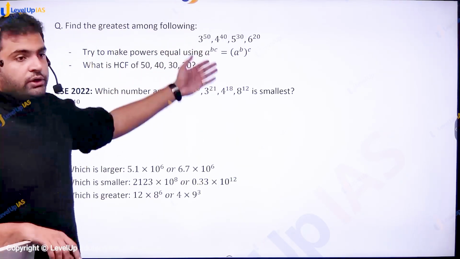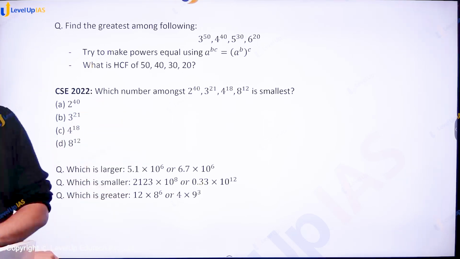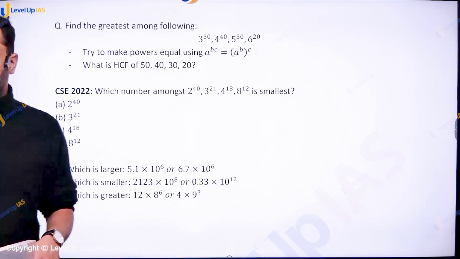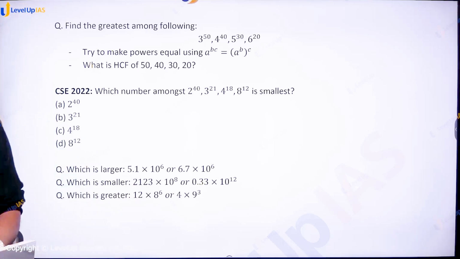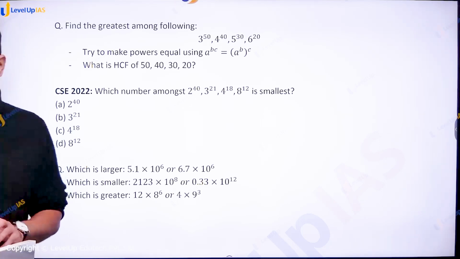The answer is 4 to the power 40. Okay, and this you can try, the CSE 2022 question, and just see how easy the question was. I think you're right. Amrita, it is not 4 to the power 40.